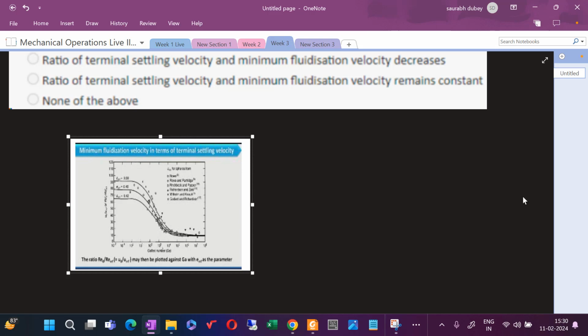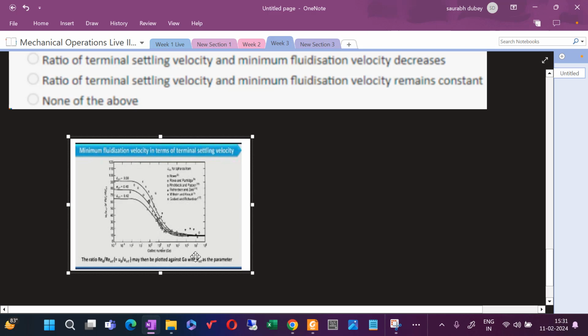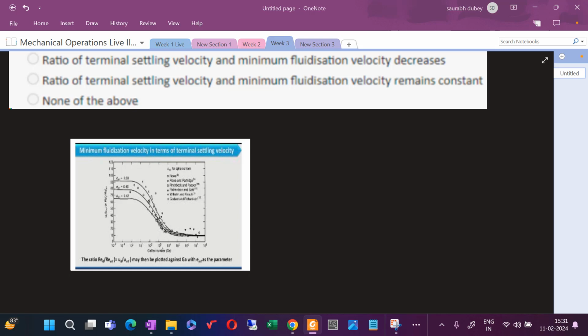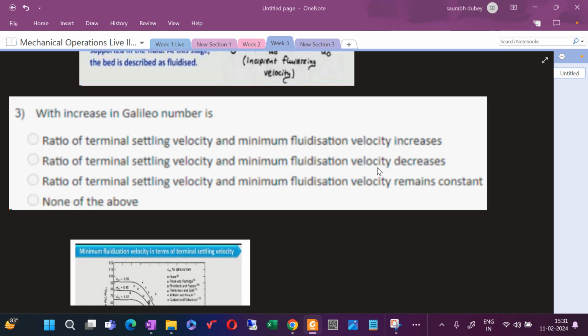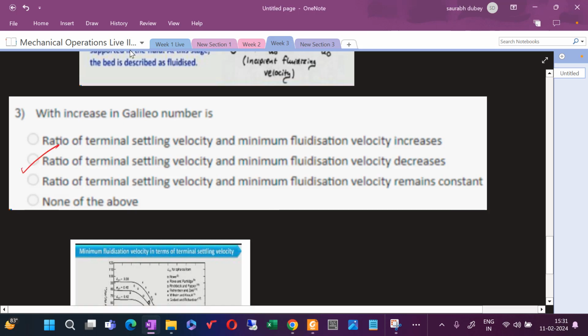From this plot you see u0 to umf, where u0 is the terminal settling velocity, plotted against the Galileo number with EMF, the void at minimum fluidization, as a parameter, and this graph is decreasing with the Galileo number. So from here you come to know that this ratio of the terminal settling velocity and the minimum fluidization velocity decreases with the Galileo number. So option B is the correct answer.